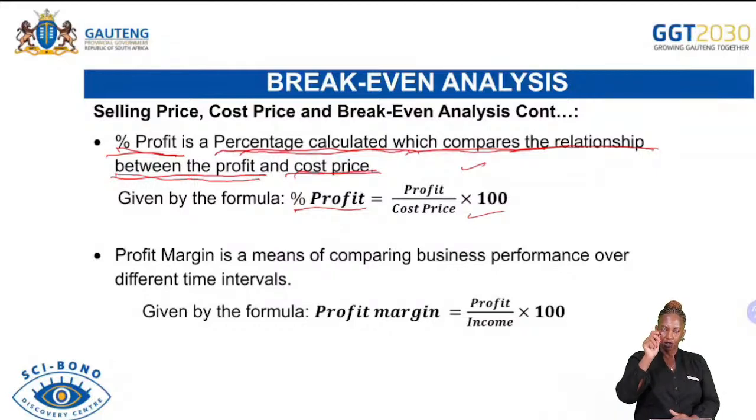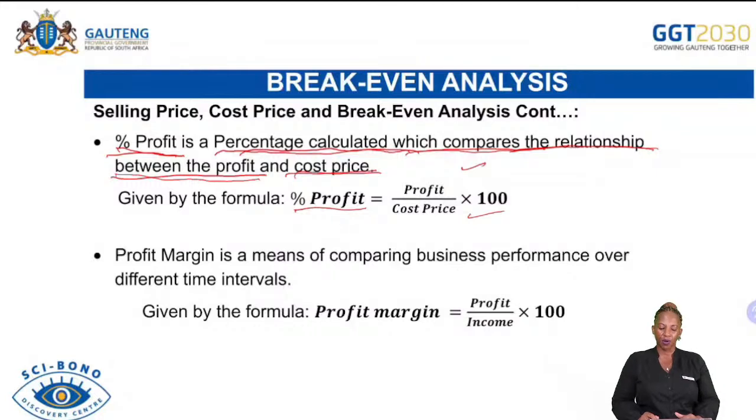Remember, for us to register a profit, we say income minus expenditure over the expenditure. The difference you get there is the profit, and you divide it by the cost price. As you divide it by the cost price, you multiply it by 100. And then it will give us the percentage profit.